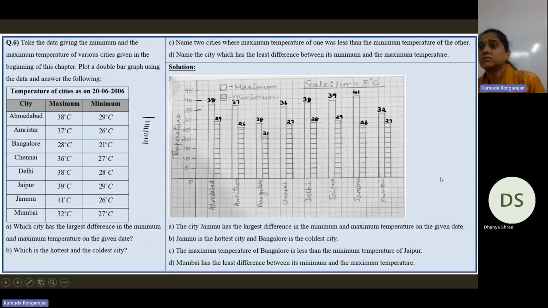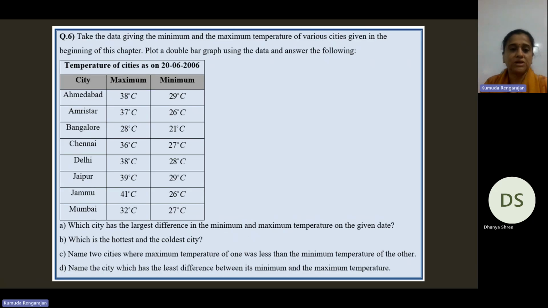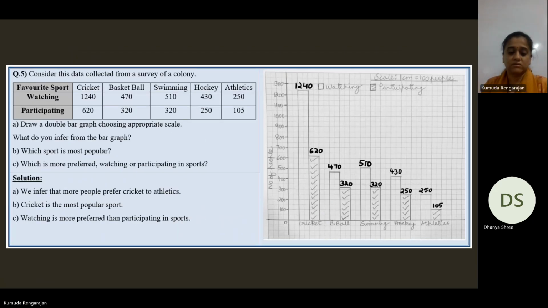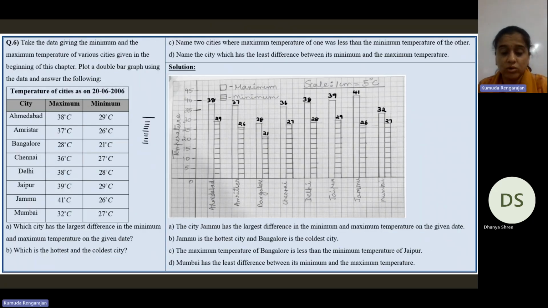So you can do this. I'll be sharing all the images. And I didn't tell you one thing about the double bar graph. Apart from writing what is represented along the y-axis, temperature and the scale, you also need to do this.